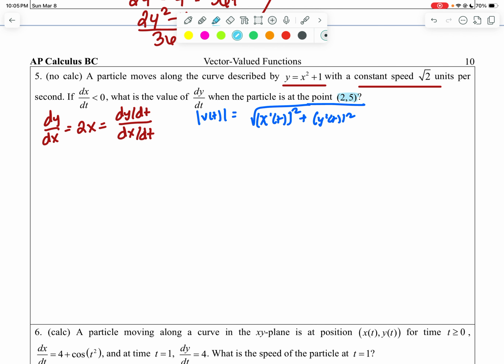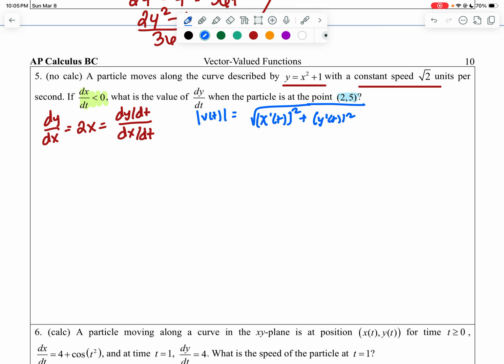So now we're going to use this information because it's telling me that dx/dt is less than 0, which is negative. Now, if I know that dy/dx is positive based off of this information in blue, and I know that this right here is negative, then I also know that dy/dt needs to be negative, because dy/dt being negative over dx/dt being negative makes a positive derivative value at x equal to 2.